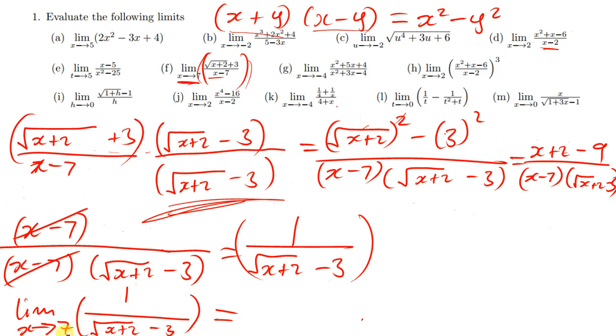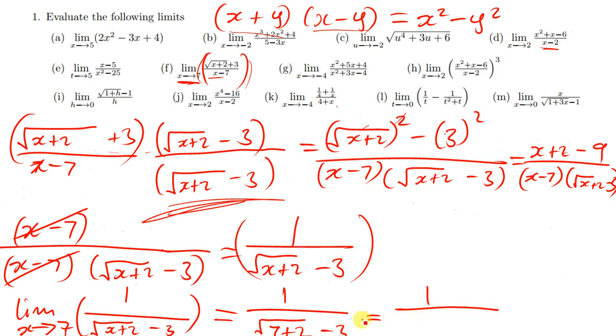This is what we have. So we replace 7 where there is x, so meaning we have something like 1 over the root of, so 1 over the root of what is x there, I'm putting 7, plus 2, we say minus 3.